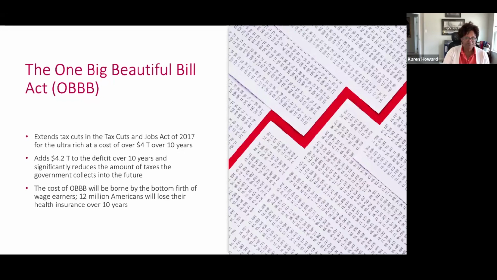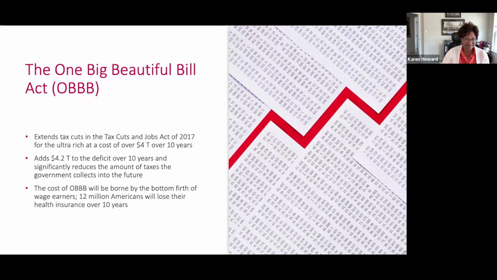At a cost of $4 trillion over 10 years, it blows out the deficit by 4.2 trillion. And it significantly reduces the tax base, the money that comes into the government to fund all of the services that we know children and families need. So not only does it blow out the deficit, but the money coming in will be considerably less than in past years. And we know investments in children, I think the federal budget only invests about 8%.